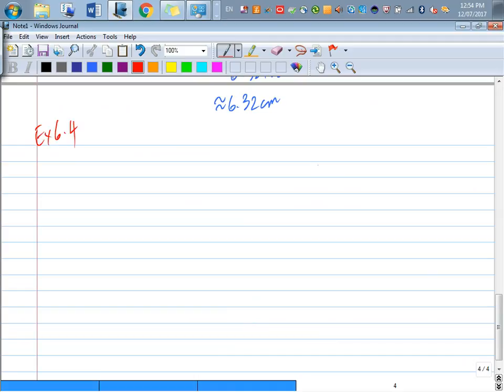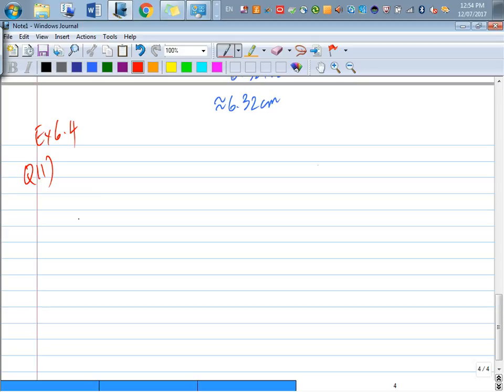For 6.4, I want to go through question 11. Ali stands 2.5 meters away from a tree. When he looks at the top, the line of sight makes an angle of 40 degrees with the horizontal. His eye level is 1.6 meters from the ground. Find the height of the tree.